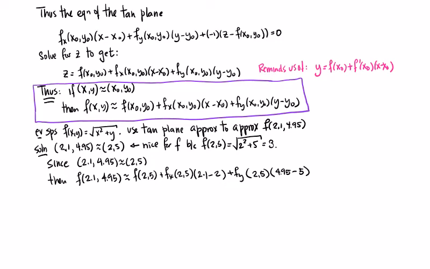So really, all we need to do is find these things and plug them in. The three specific things that we need to find, one of them we already found, and this first one we know is 3. The second two we need to figure out, but they're not difficult. So f sub x of x, y in general, the derivative with respect to x, we have f above.